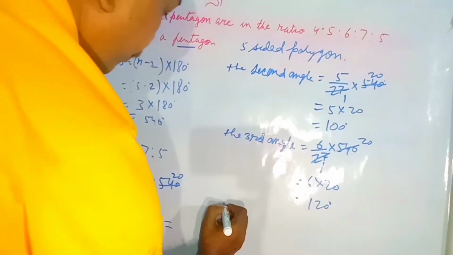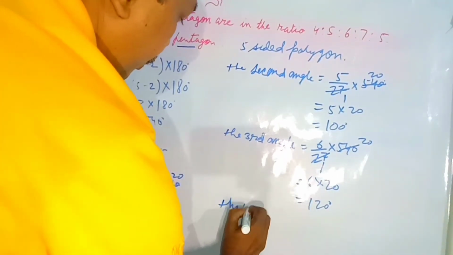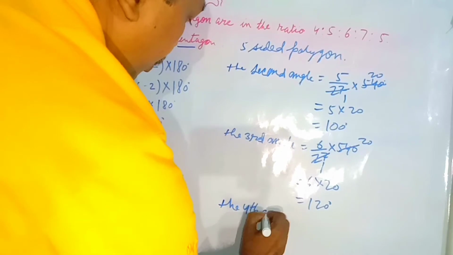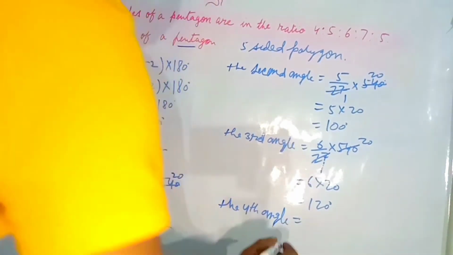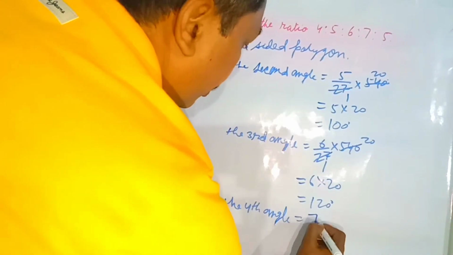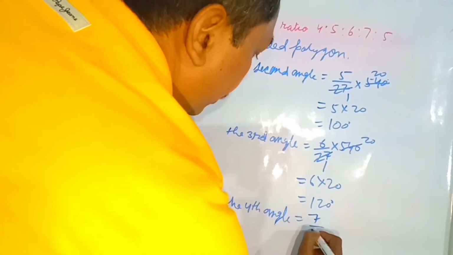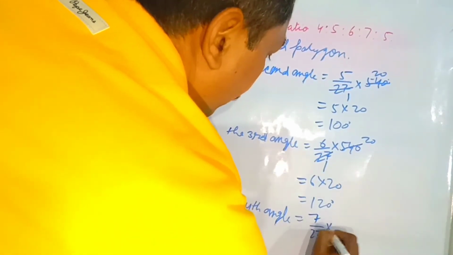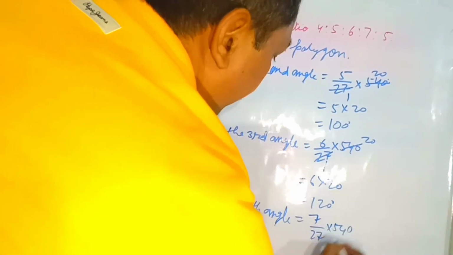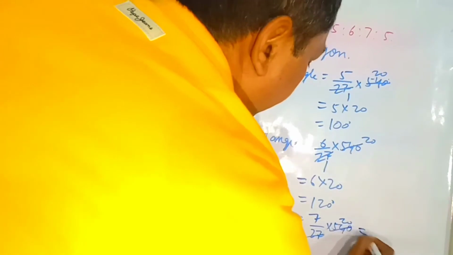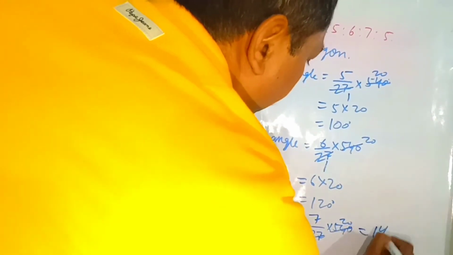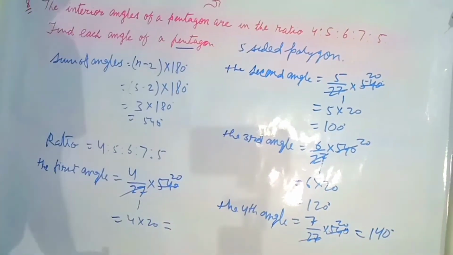And the fourth angle. The ratio of the fourth angle is 7 by 27 into 540. Once again 27 times 1 is 27, and 27 times 20 is 540, then 7 into 20 means 140 degrees.